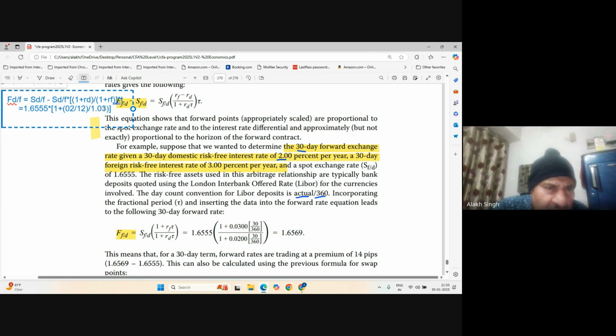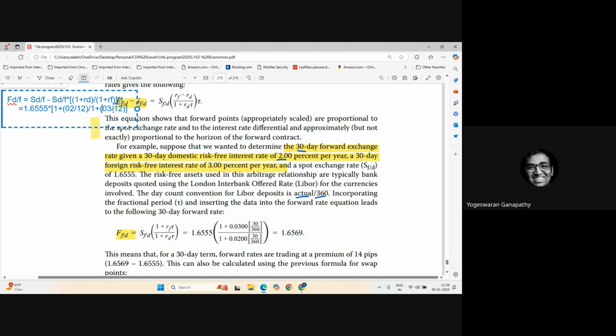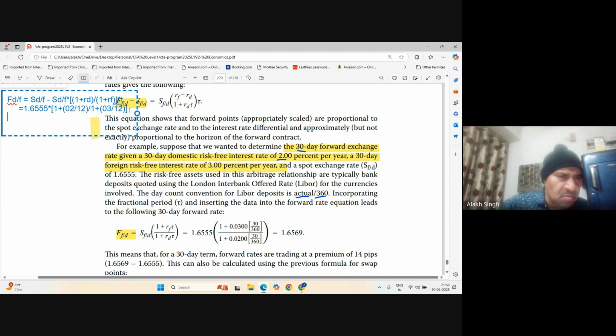And then again 1 plus 0.03 divided by 12. And this one is in parenthesis because we are doing it for 1 month. Okay. Now, how much will this be? 0.02 by 12 is how much?